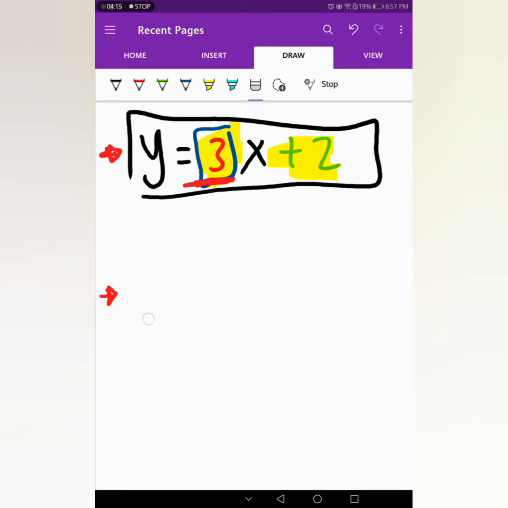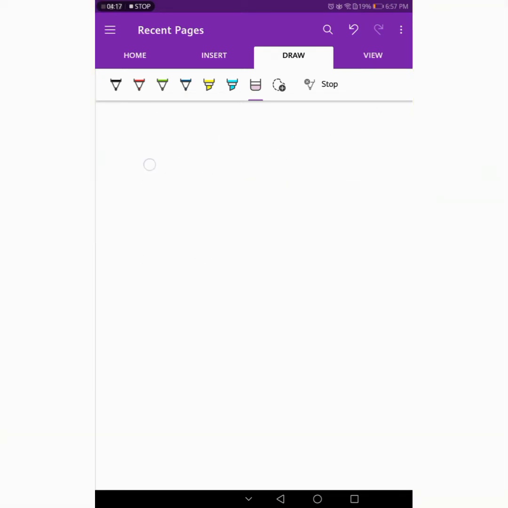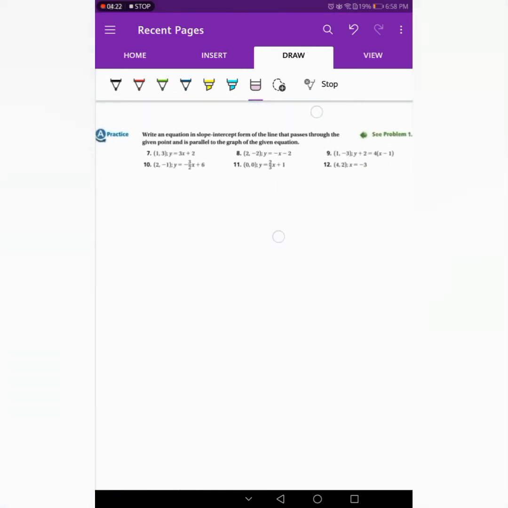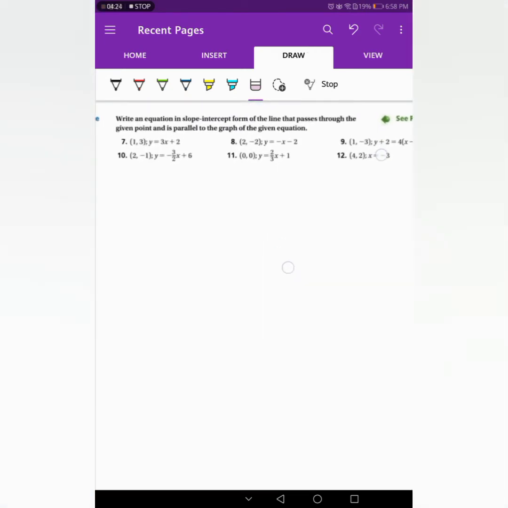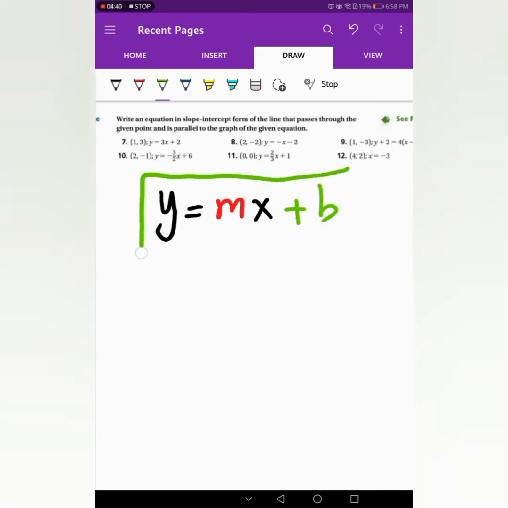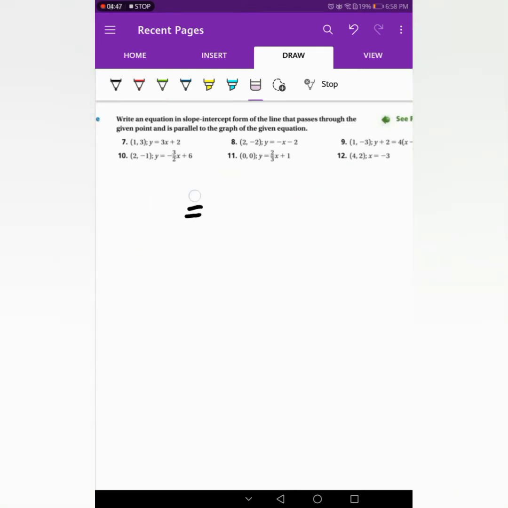Let us go and do the homework in this lesson. Here he asked me to write an equation in slope intercept form. This is the slope intercept form. Memorize it, and I will erase it now.